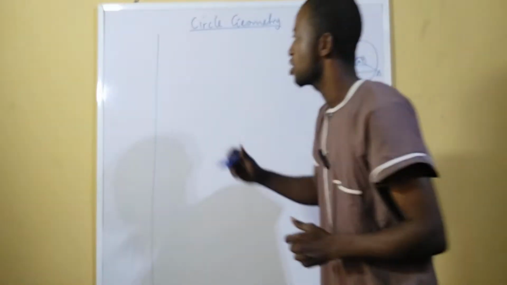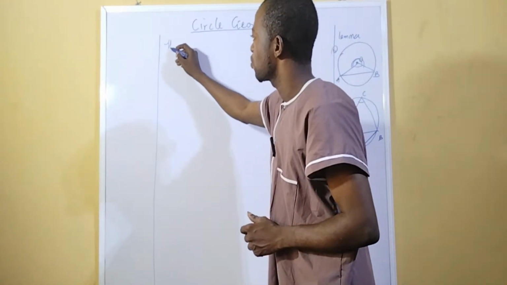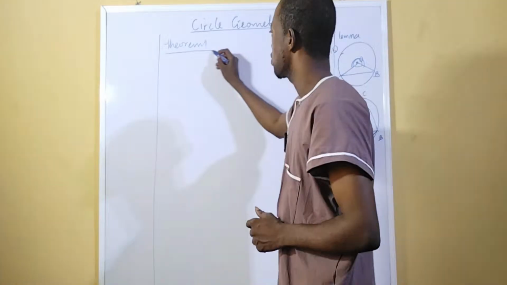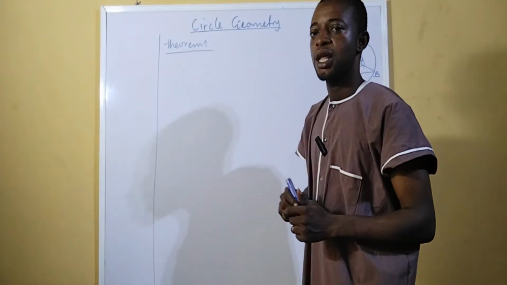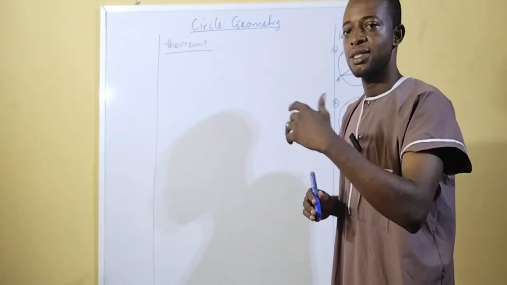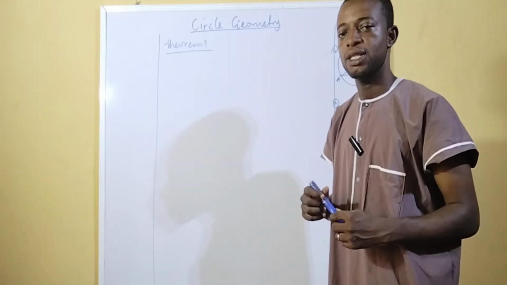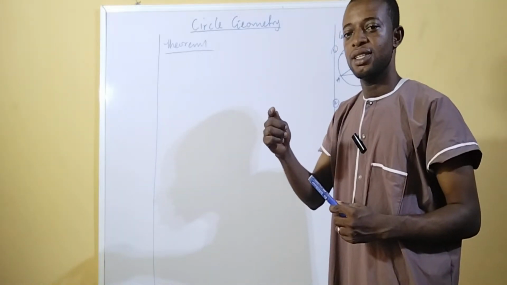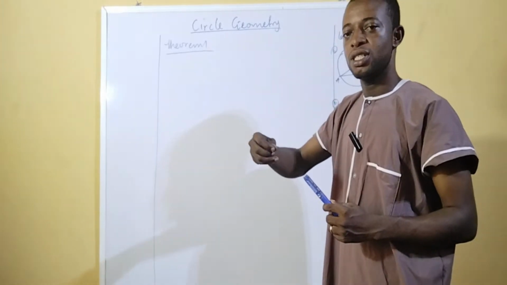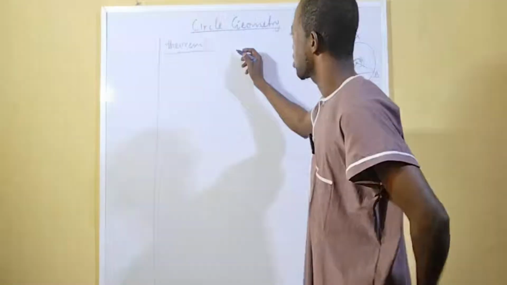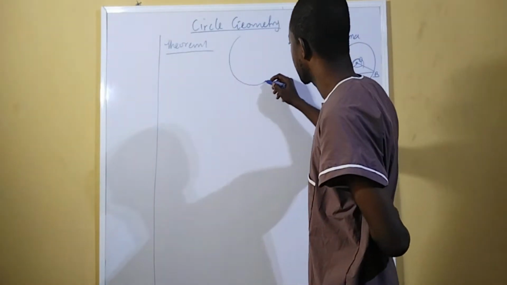And what theorem 1 is saying is that the angle subtended at the center by a chord or an arc is twice the angle obtained at the circumference.